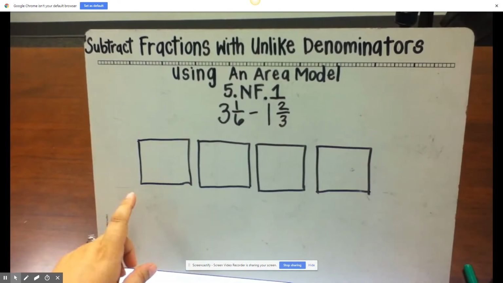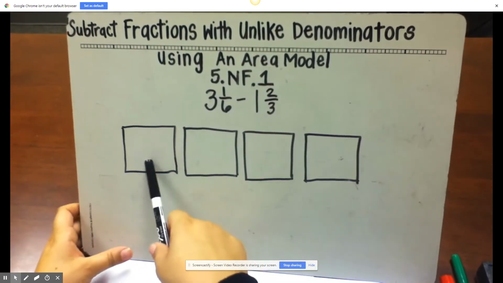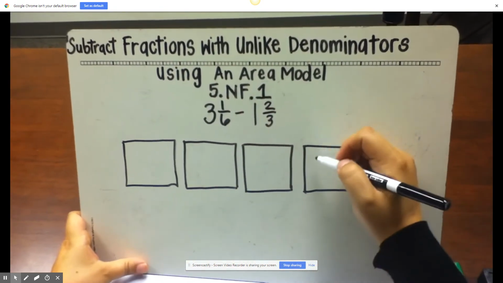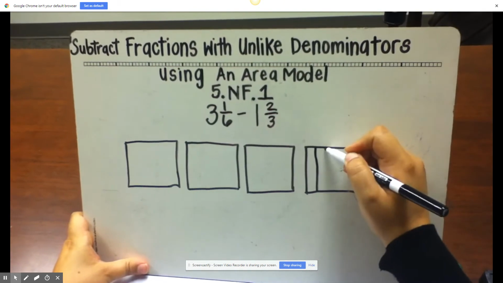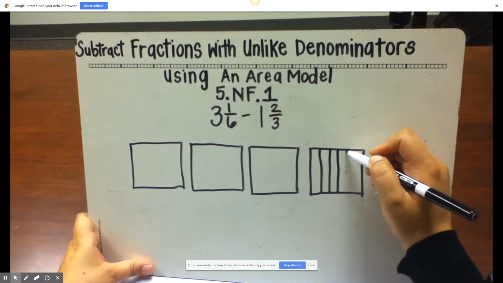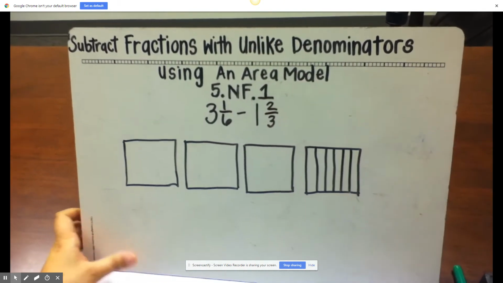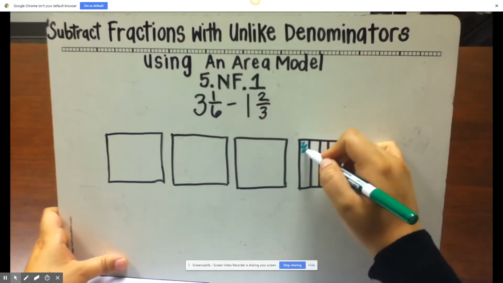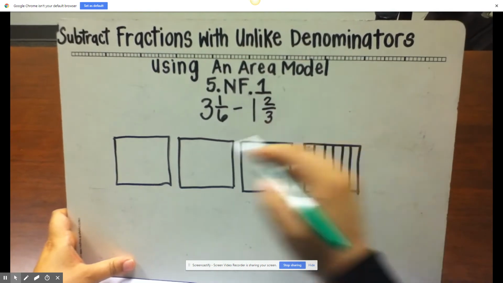Three of them I will not divide into 6 since they represent the 3 wholes in 3 1/6. The 4th rectangle I will split into 6 equal parts. And I will shade one of these 6 parts to represent the 1/6.